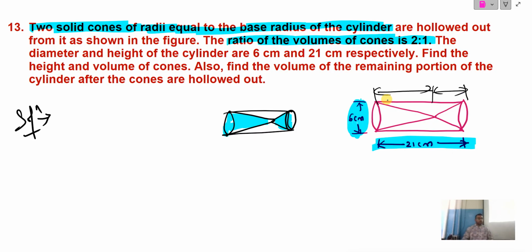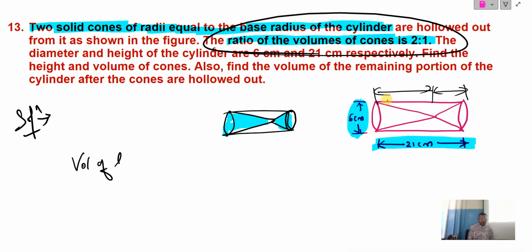What's the formula to find the volume of a cone? 1 by 3 pi r square h. See children, since we have two cones, both the radii are the same, pi r square, but here h is different. This is capital H and this I will take as small h. Capital H for the bigger height and small h for the smaller height.